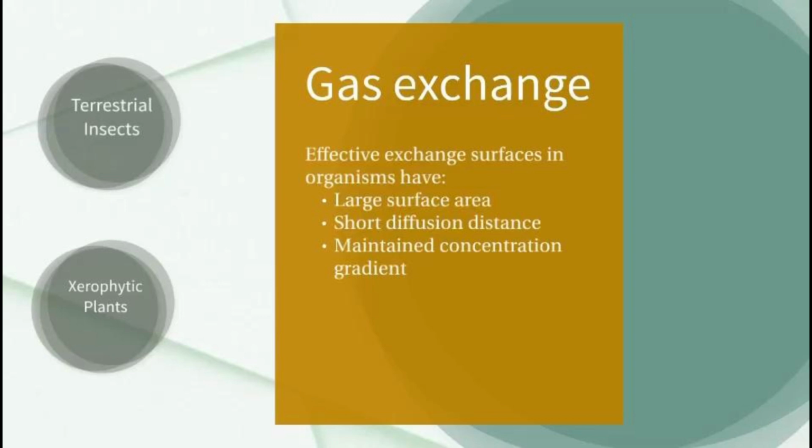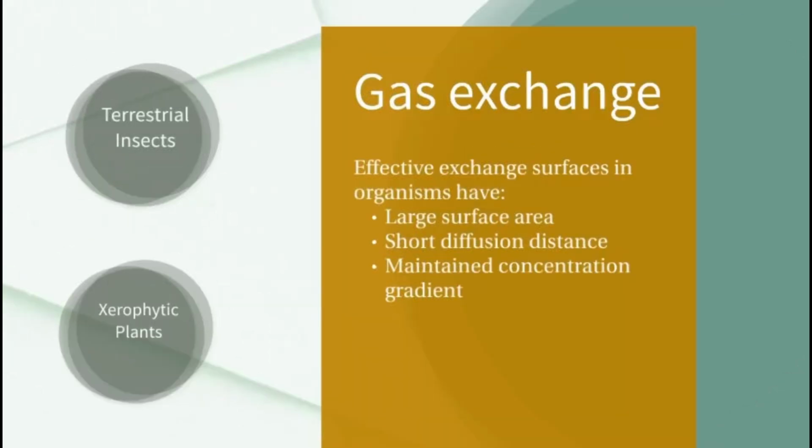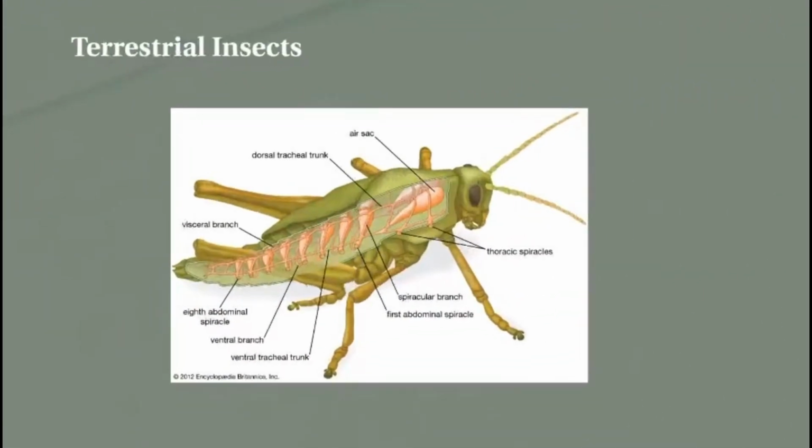So I'm just going to quickly look at terrestrial insects. So basically, small insects that live on the ground, like a grasshopper, for example, are always surrounded by air, and that means they're prone to drying out. They're prone to losing water very easily.